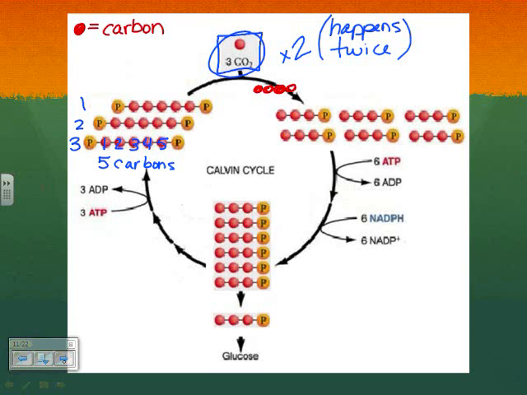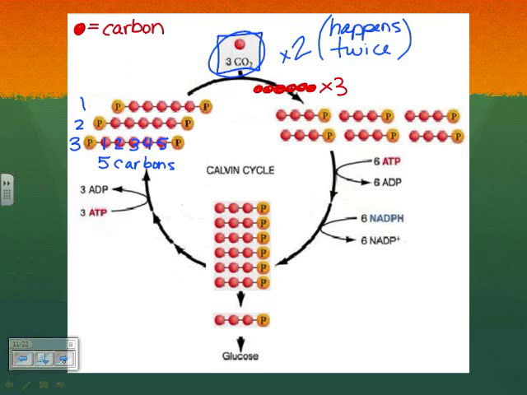A molecule that was 5 is going to pick up a 6th carbon from the carbon dioxide. So each carbon dioxide attaches to 1 of these 5 carbon molecules. So you wind up with 3 6s.